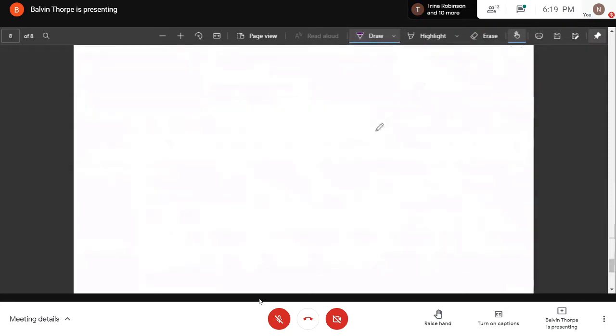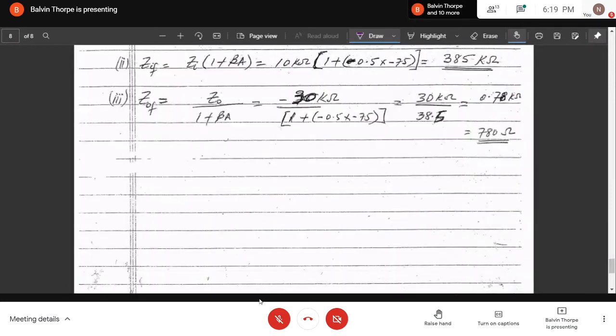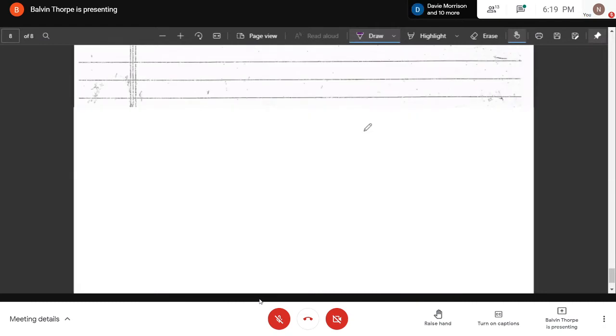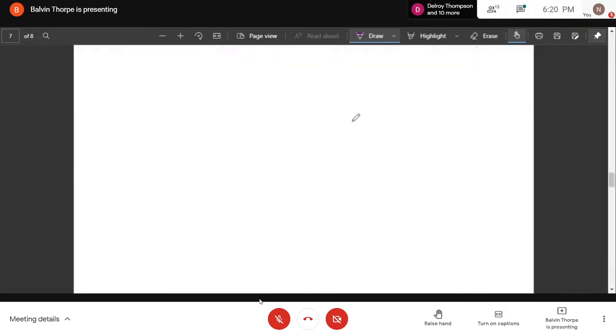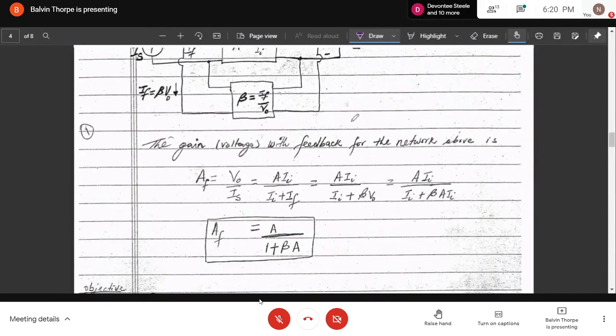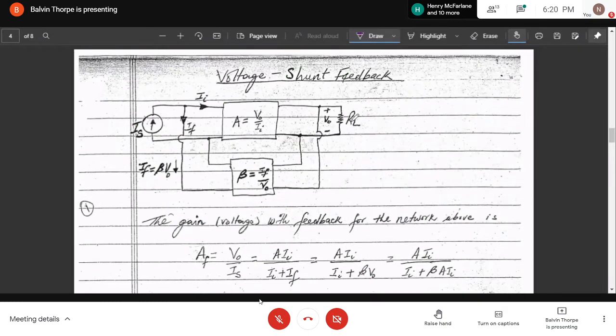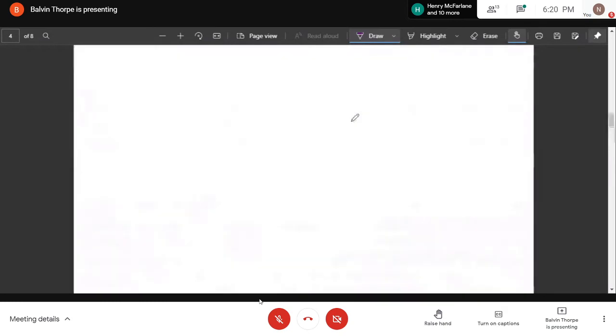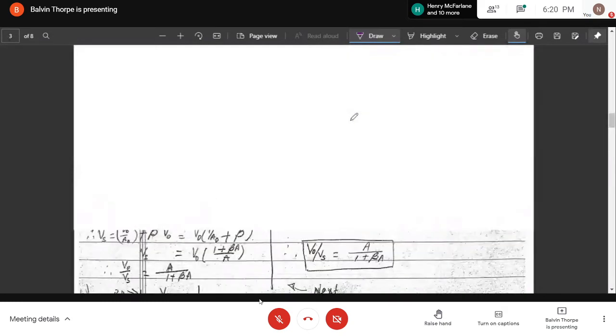What we'd be doing is tapping off a portion of the output current back to the input of the feedback network. That makes it current, all right? This is voltage.